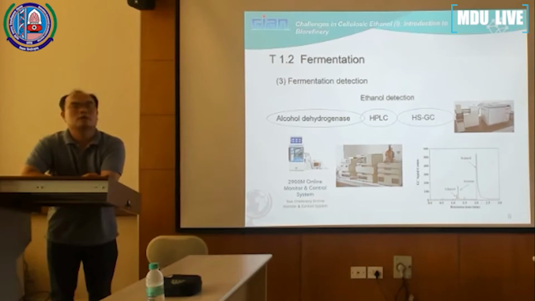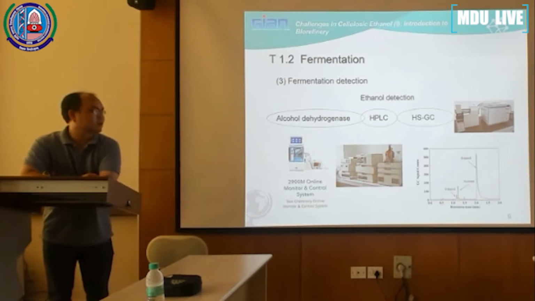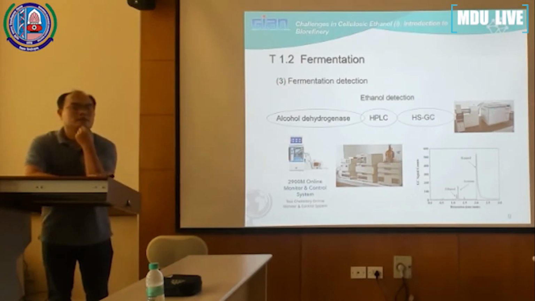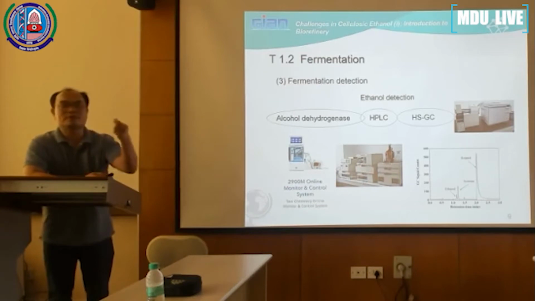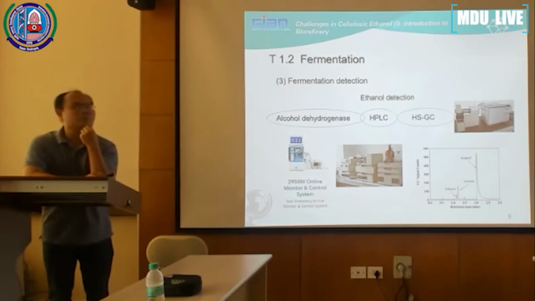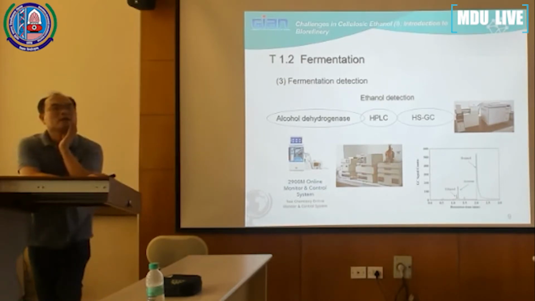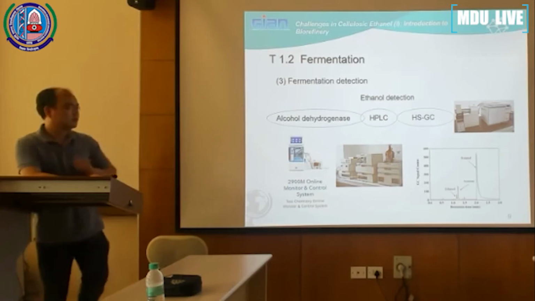This part is GC, this part is headspace, and there's a connection. But the sample is very tiny, usually 3 to 5 microliters. You're saying it is concentrated.